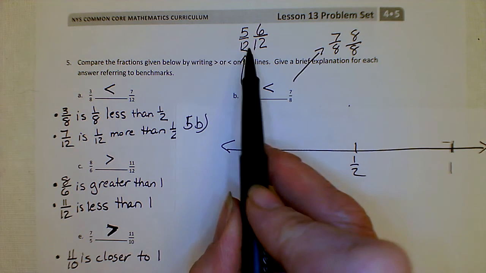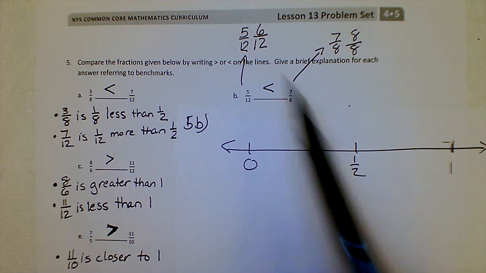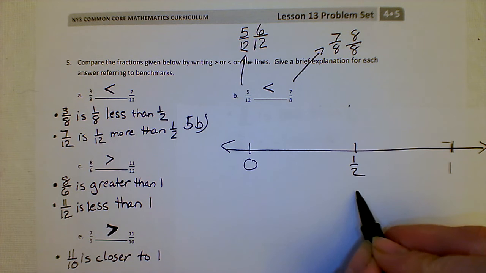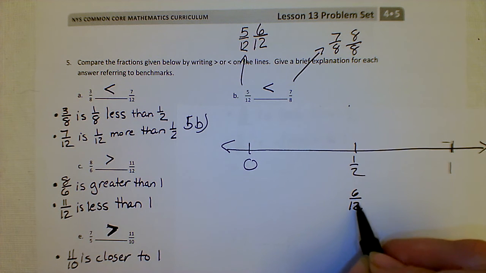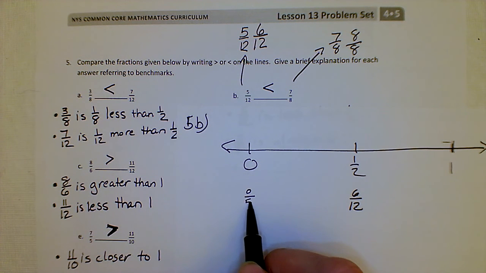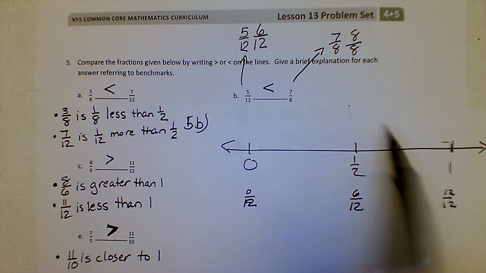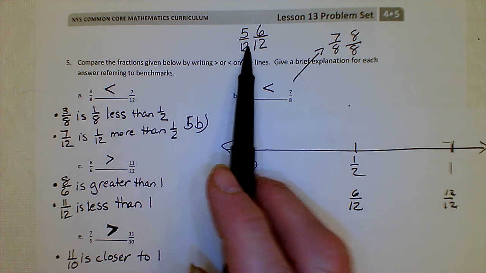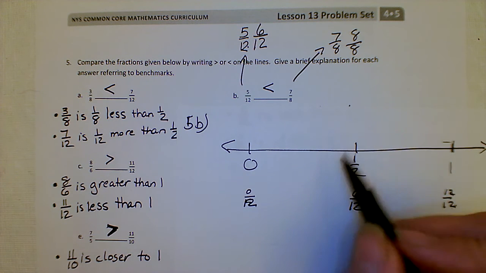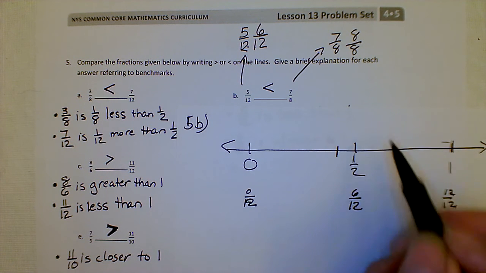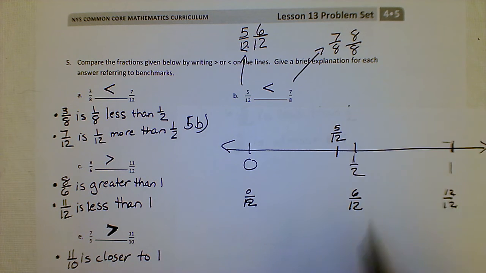So again, 5/12, and I explained it up here, that 5/12 is really close to 6/12, and I know that 6/12 is 1/2 because half of 12 is 6, so this would be 0/12, this would be 12/12 because 12/12 is 1. When my numerator and denominator match, it makes 1. I cut it up into 12 pieces. I have all 12 pieces. It's one whole cake, so to speak. So when I'm looking at this, I can really easily see that 5/12 is very close to 6/12. It's just a little bit smaller. So maybe I want to put it right about there. And that's good enough for what we're doing right now.